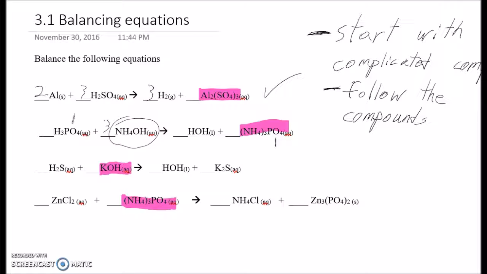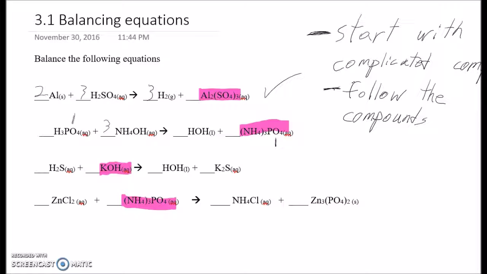So what I mean by follow the compounds is I looked at the PO4, it was already done. And then I need to finish off this molecule here. So to finish off, I had to look at the ammonium, the NH4. And so I looked at this NH4, balanced them. Once I balanced them, this original molecule is done. So now I hop to the second molecule that I was just working on. Okay, this one.